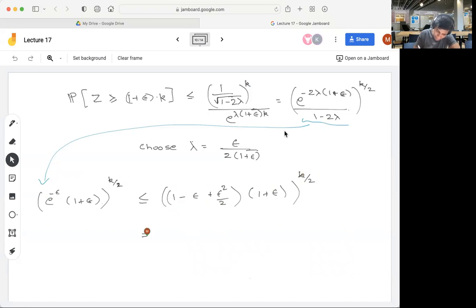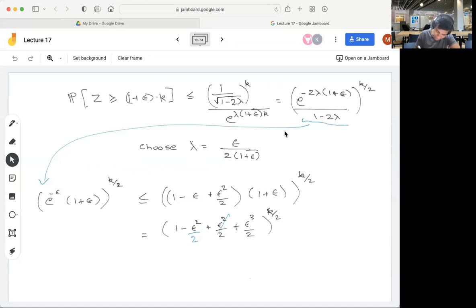Again, simplify that a little bit more. We get 1 minus epsilon squared plus epsilon squared divided by 2 minus epsilon cubed divided by 2, to the k over 2. And so you get 1 minus epsilon squared over 2 plus epsilon cubed over 2.